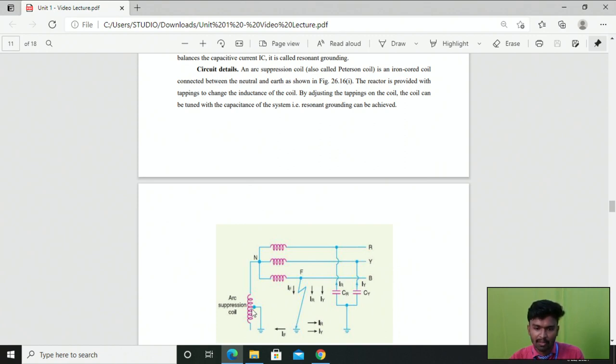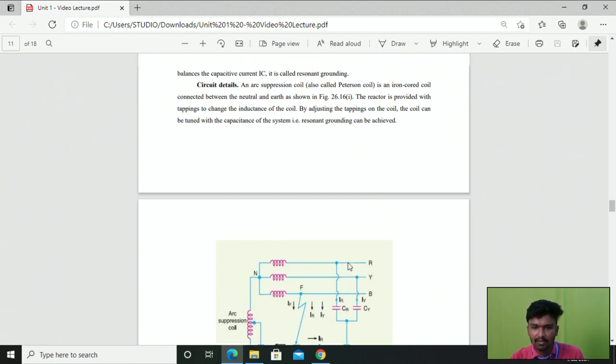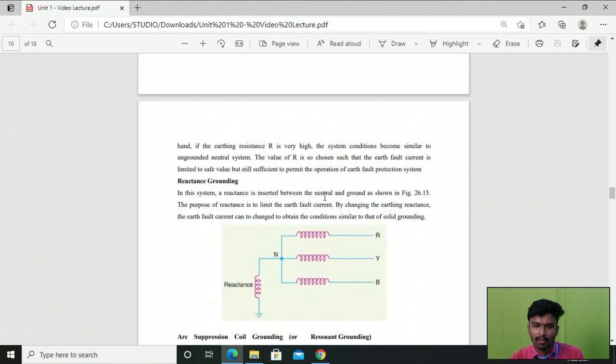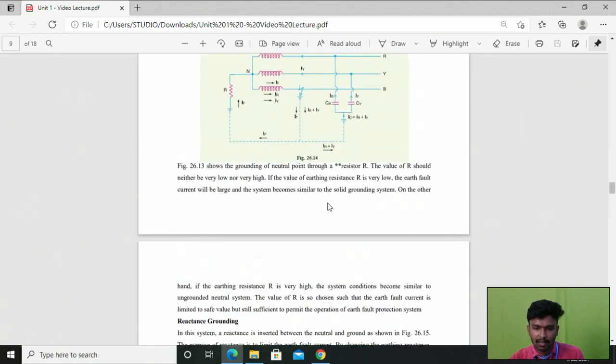By changing the number of tappings in our arc suppression coil, we can easily make the resonant condition. If the resonant condition is achieved, that is called arc suppression coil grounding, right? So that's all about neutral earthing and the various methods of neutral earthing. Okay, thank you.